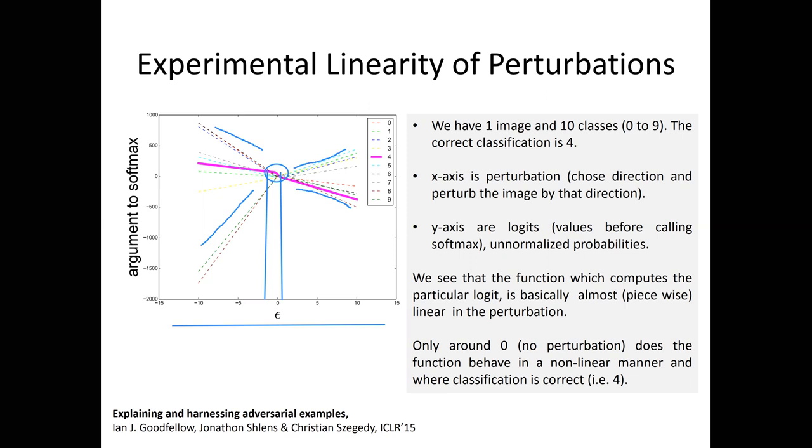This is just another experiment which aims to relate this non-linearity to the lack of adversarial examples, where the model behaves robustly. You can actually do this experiment yourself. You can just take an image, start perturbing it, and draw the corresponding logits. For each logit, you obtain a function like this, and then you see how it behaves.